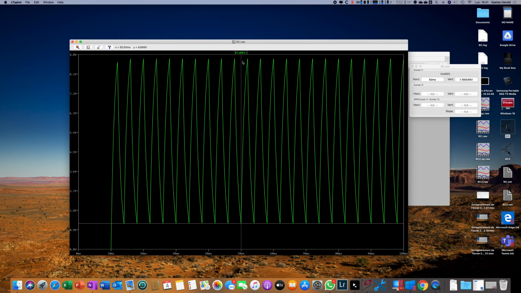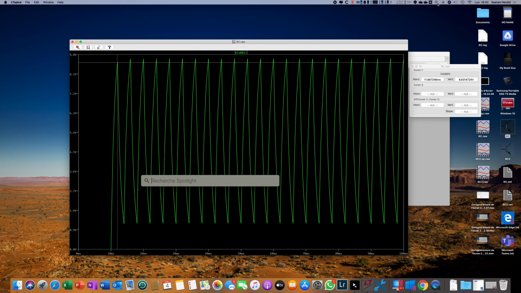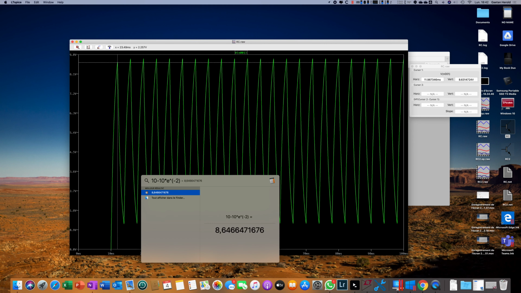If I put the cursor, I look at the maximum value, it is 8.63 volts. And if I make 10 minus 10 times e to the power minus 2, I find 8.64, which is very close to our 8.63. Why is that?